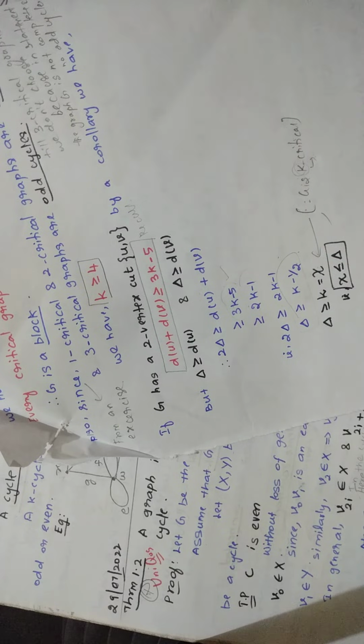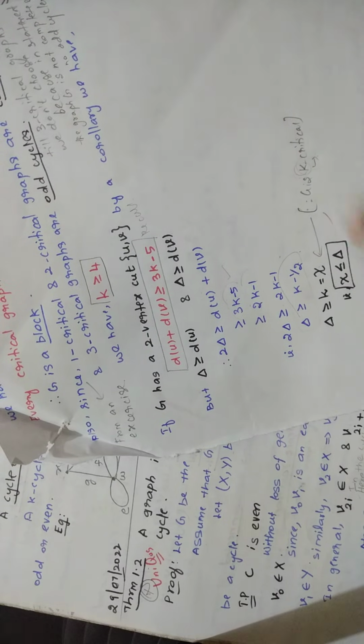K critical means k colors they are using. The minimum number of colors is k, that k number of colors they are using to color the graph. Chi also means the minimum colors used to color the graph. So you can put k equal to chi, and that is what you are writing. So from this you can get chi less than or equal to delta.